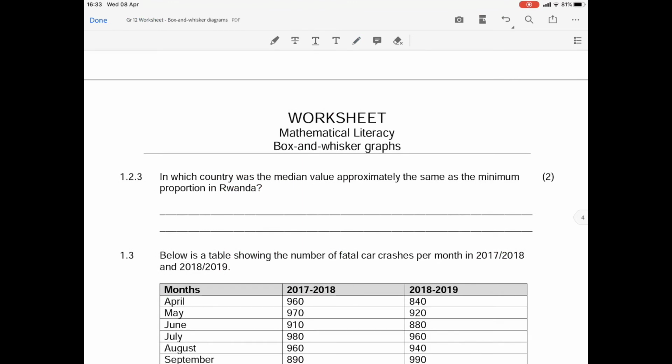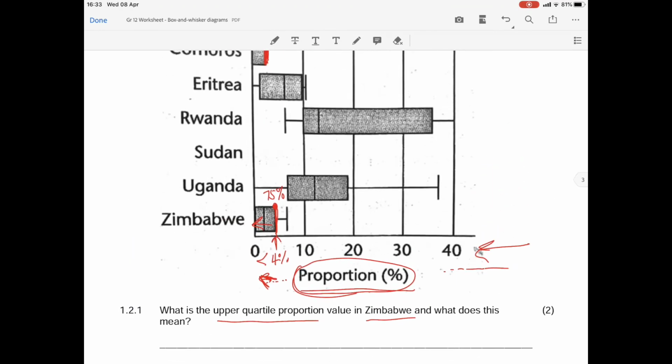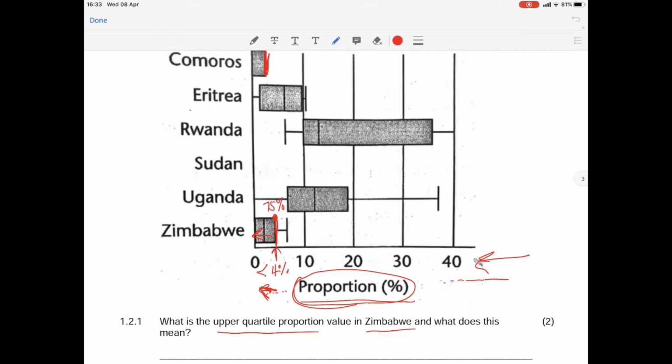Then your last question about box whiskers asks you, in which country was the median value approximately the same as the minimum proportion in Rwanda? So this is actually relatively simple. It is just testing, do you know what a box whisker plot represents? So we need to come across to Rwanda and look for its minimum value.